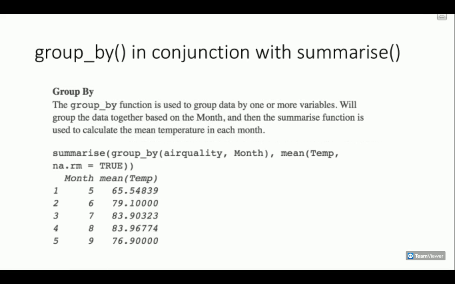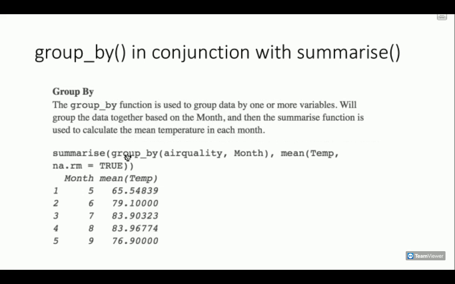So you'll have to first group your data by month and then apply mean to each month. So summarize is usually very useful in situations like these, where you use the function group, where you group by certain columns and then use a certain function.